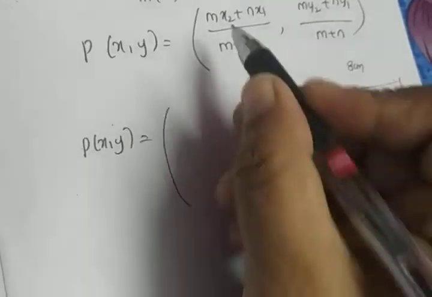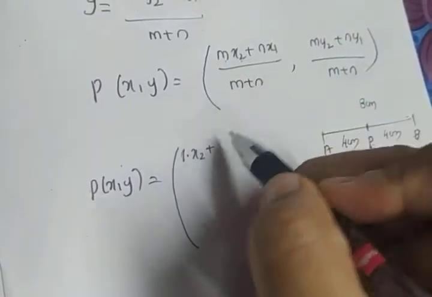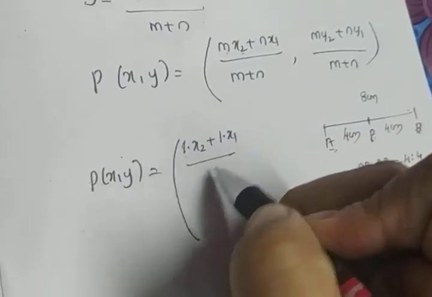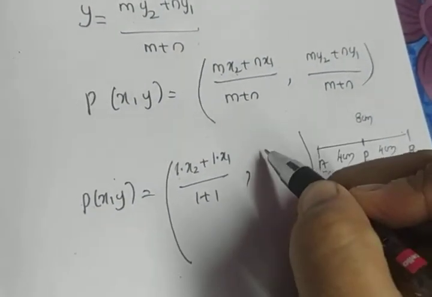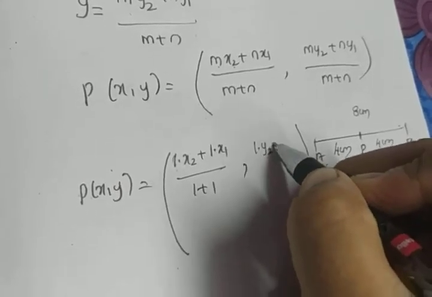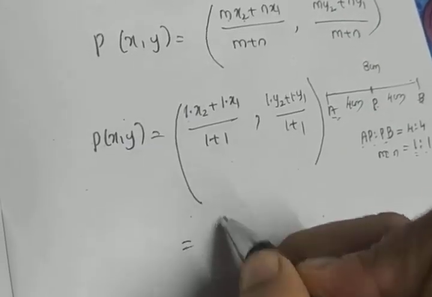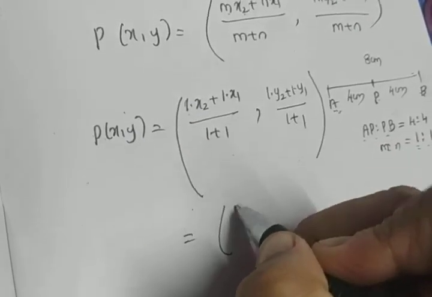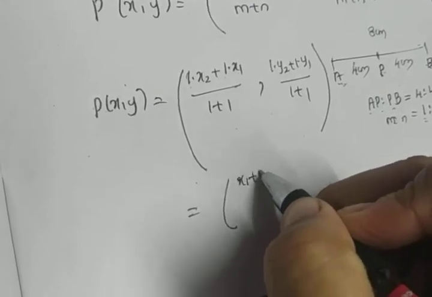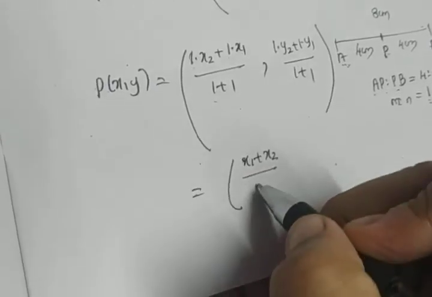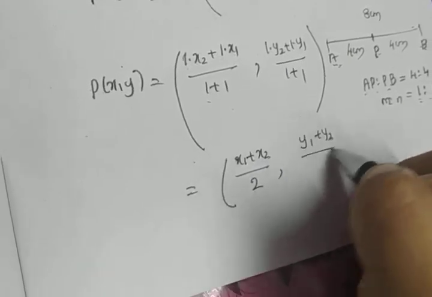So what will be the formula? 1 into x2 plus 1 into x1 by 1 plus 1, comma, y coordinate will be 1 into y2 plus 1 into y1 by 1 plus 1. If simplified, x2 into 1 gives you x2 and x1 into 1 gives you x1. So I can write the numerator as x1 plus x2 by 1 plus 1 is 2, and the next term y1 plus y2 by 2.